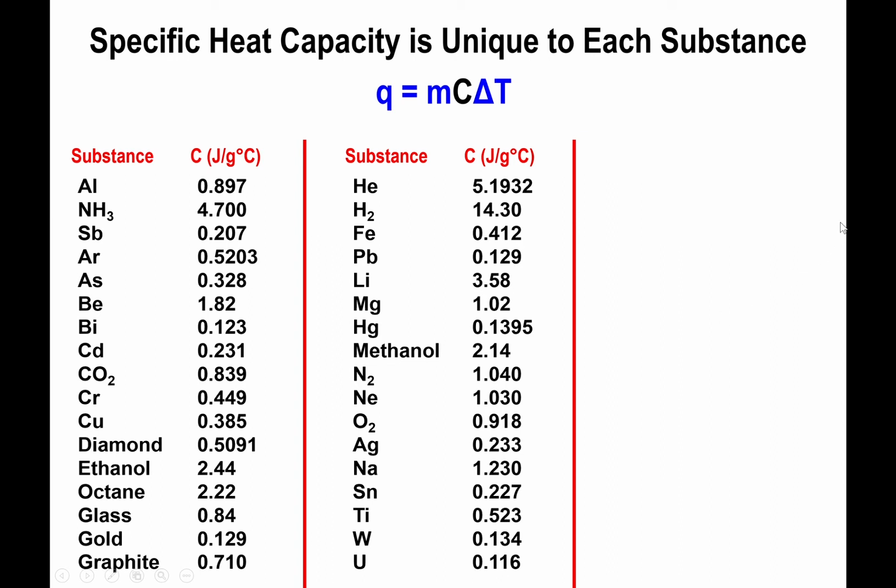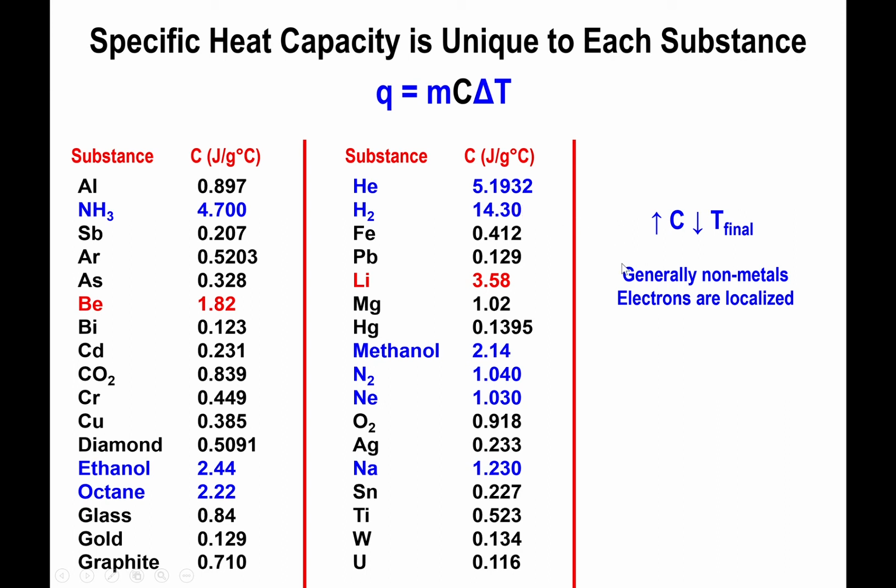Now, one thing that I want to point out to you is that generally speaking, if you look carefully, here I highlighted certain molecules in blue, like NH3, ethanol, octane, helium, dihydrogen, methanol, dinitrogen, neon, and even sodium. All right, so generally speaking, what you can see for these substances that I highlighted in blue, the values of the heat capacity are all greater than 1.